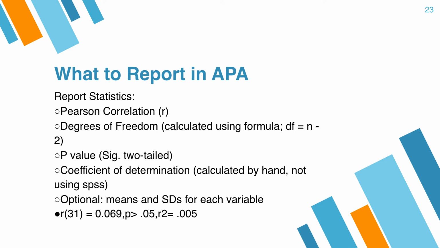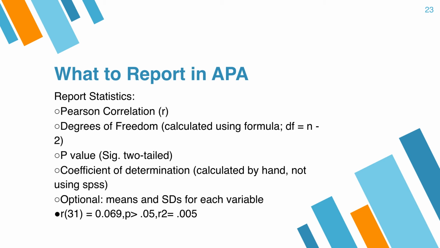And our p-value, which is the significant two-tailed test, is also in the chart. That was our 0.000, but we will indicate it as p being less than 0.001. You also need the coefficient of determination, which we calculated previously by hand, and it will not be given in SPSS, so make sure that you do that also.